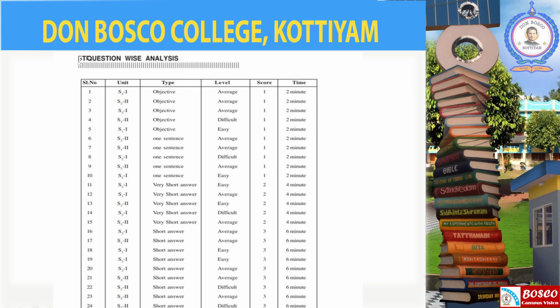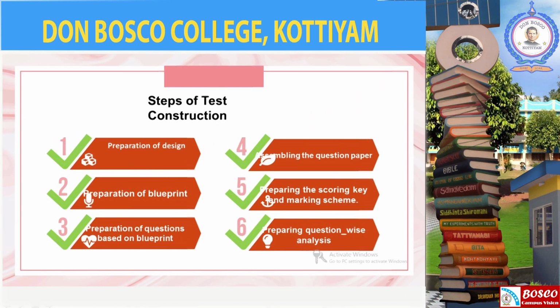Then what forms of questions, which topics are covered and from which chapter it is asked. All these things are listed in the question wise analysis. So it is really helpful for the teacher to make the analysis of the test as a whole. So these are the 6 different stages of setting a question paper.